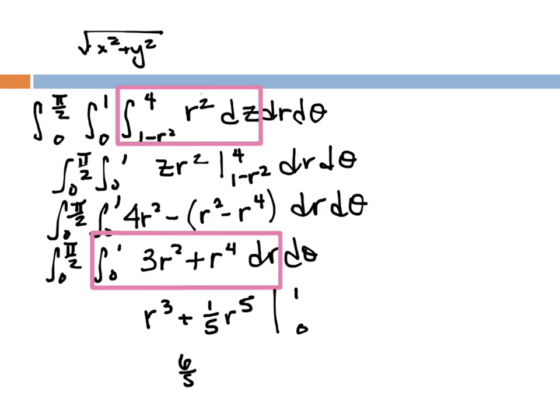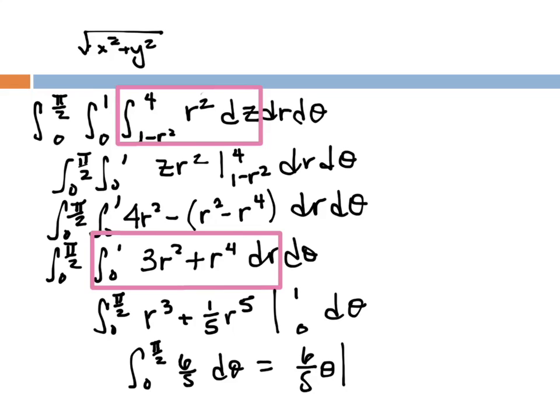Evaluating at 0 gives me 0. Then I've got the integral from 0 to pi halves, d theta. So what's the integral of this with respect to theta now? 6/5 theta, evaluated at pi over 2 and 0 gives me 3 pi over 5. Very well done. Any questions on this one? All right.